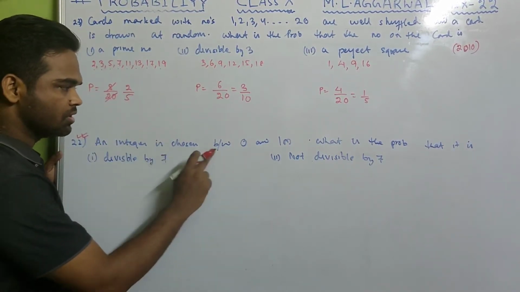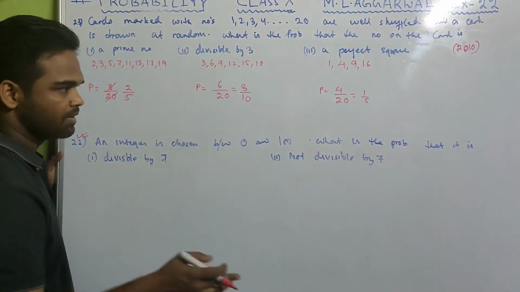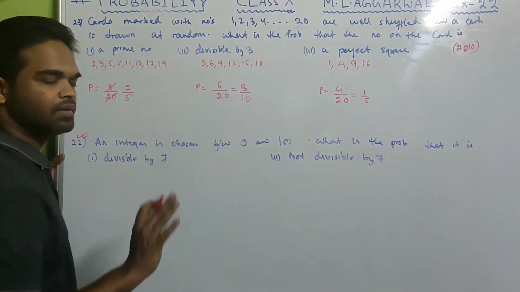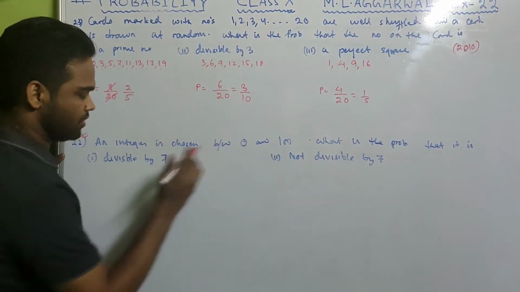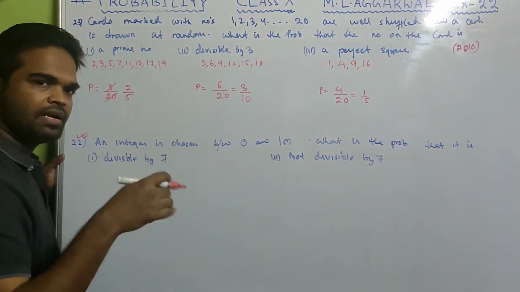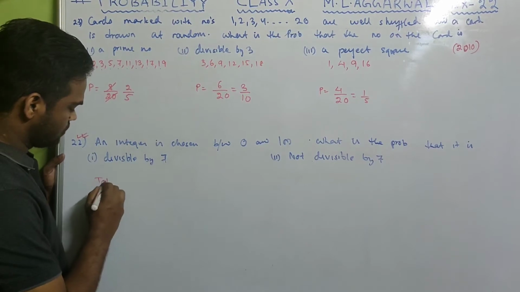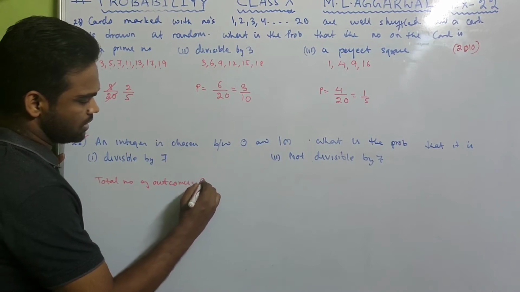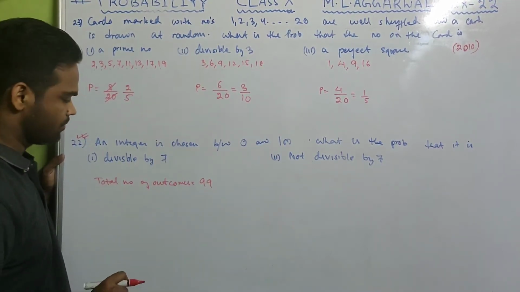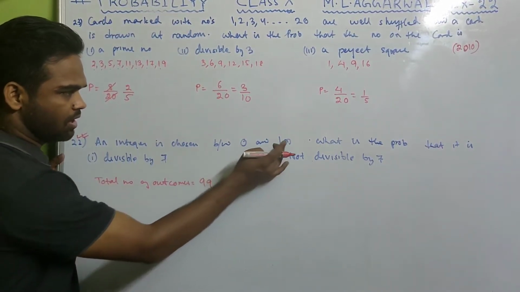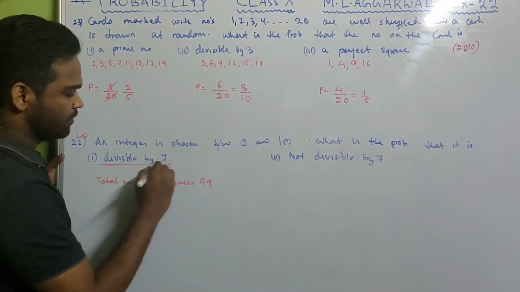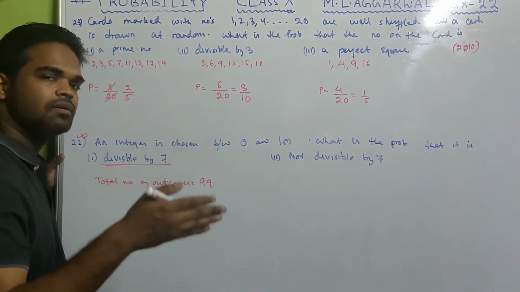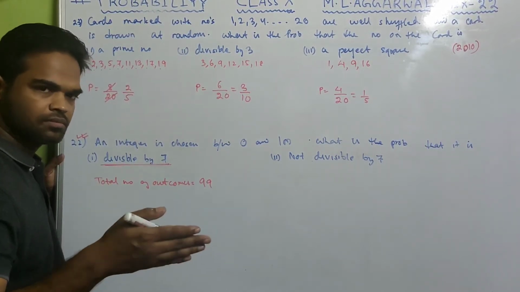An integer is chosen between 0 and 100. What is the probability that it is divisible by 7? Not divisible by 7. First of all, between 0 and 100, there are 99 numbers. So the total number of outcomes is 99. That's confirmed. Now the numbers divisible by 7 are multiples of 7, which are 7, 14, 21, like these.